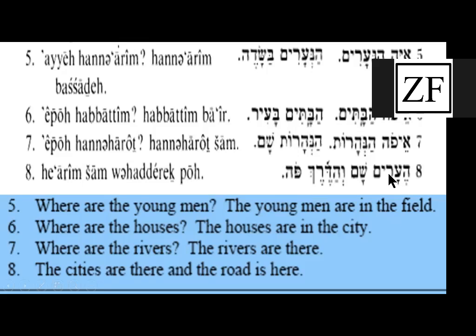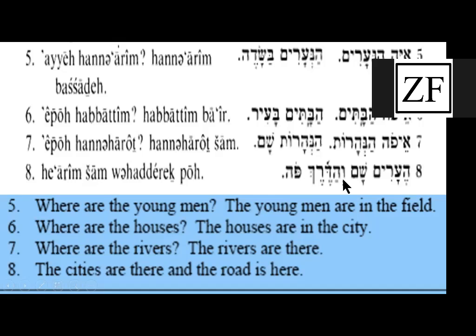Okay, this one is Ha'arim. Ha'arim, this is the word for cities. And then again we have Sham. So the cities are there. Veha Derech Po. So Derech is road. Haderech would mean the road.